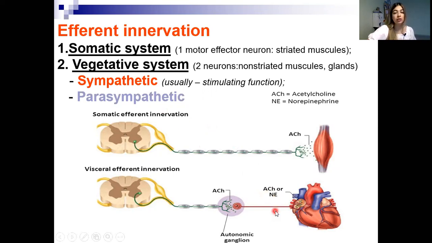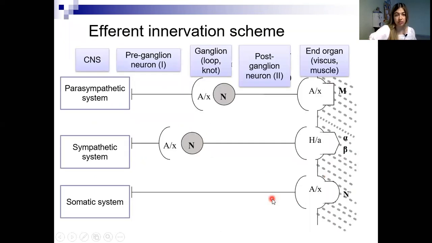Let's now see what the difference is between the sympathetic and parasympathetic systems. In the parasympathetic system, the preganglionic neuron is longer than the preganglionic neuron of the sympathetic system. You can see this difference here. The parasympathetic system has a longer preganglionic neuron, and this ganglion, the node, is located very often already in the affected organ.